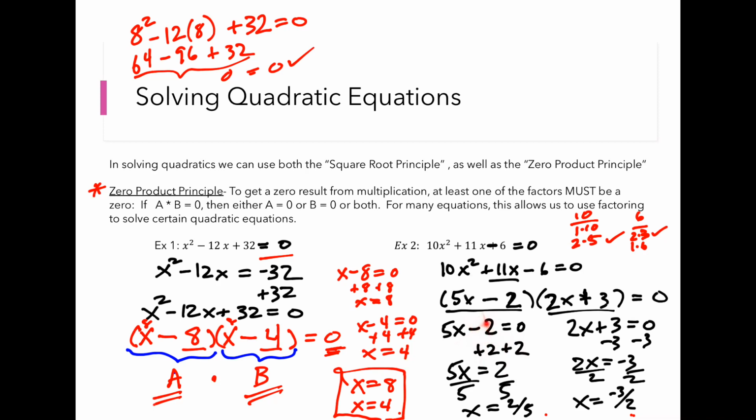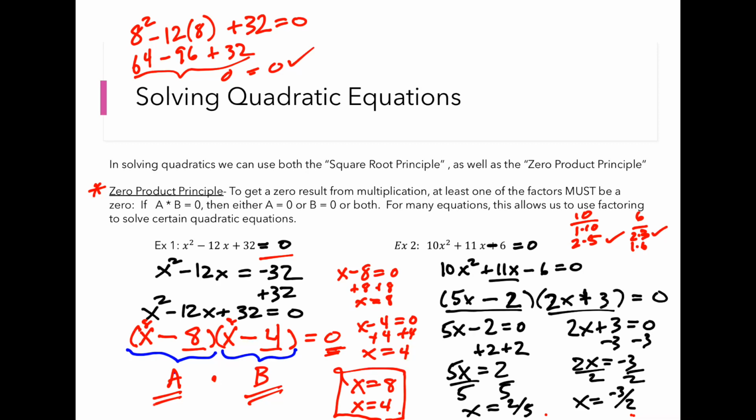For a subtraction, I have to add it, and for a positive, I have to subtract it. It's always this number, opposite sign, divided by whatever is in front of x. So negative 3 over 2. That saves you a little trouble if you can remember that little trick.